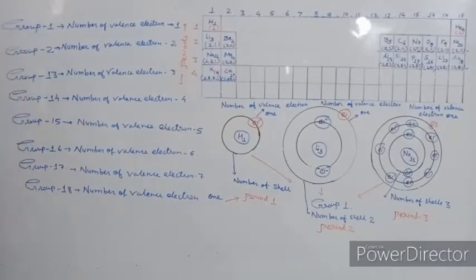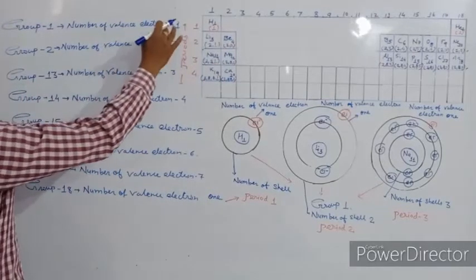So the group number will tell us the number of valence electrons.